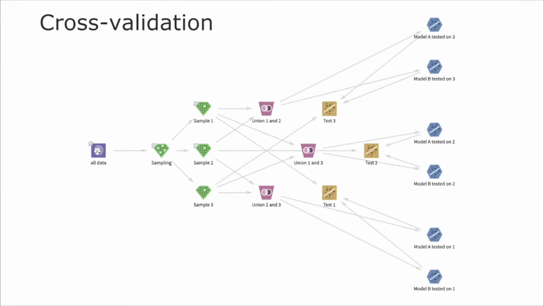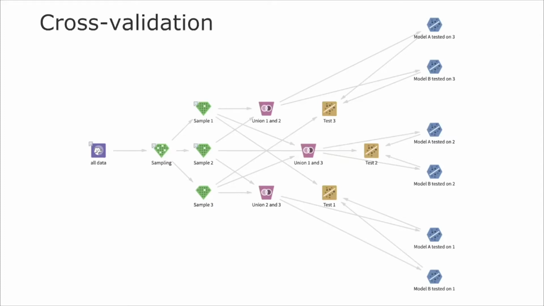The idea is to partition your data set into k distinct subsets that cover the whole set, so a true partition of your data set. And you go through that k times, in this case 3 times, and you test on one of the samples and you train the model on the other 2. So basically you train on k-1 and you test on the remaining one, and you do that for each of those k subsets.